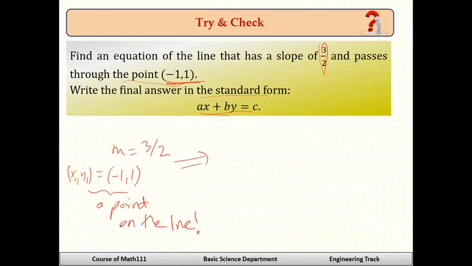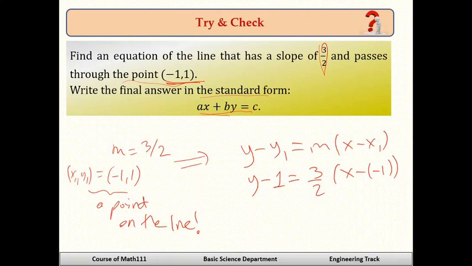And we can write the equation this way: y minus y1 is equal to m times x minus x1. So y1 is 1 here. So this is 3 over 2 times x minus minus 1. So then it will be y minus 1 equal to 3 over 2 times x plus 1.